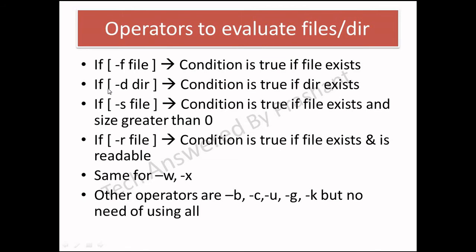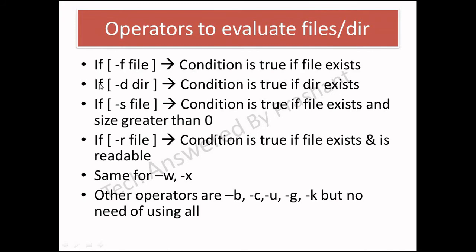So I will write this statement in my shell program: if -d directory name. If the directory exists, then only this condition will become true and then the Linux shell will go inside this if block. Second, before executing this file, I want to see whether this file exists or not. If it does not exist, then I want to throw an error that the file does not exist.